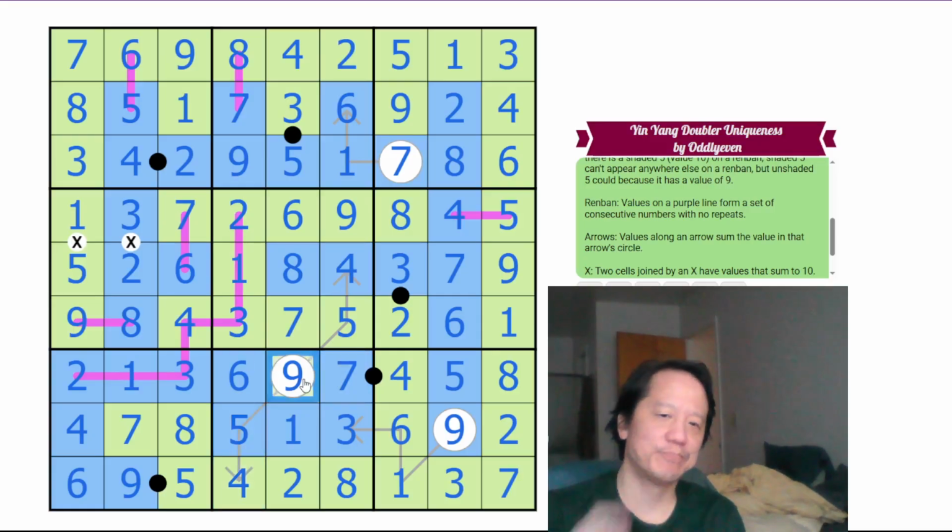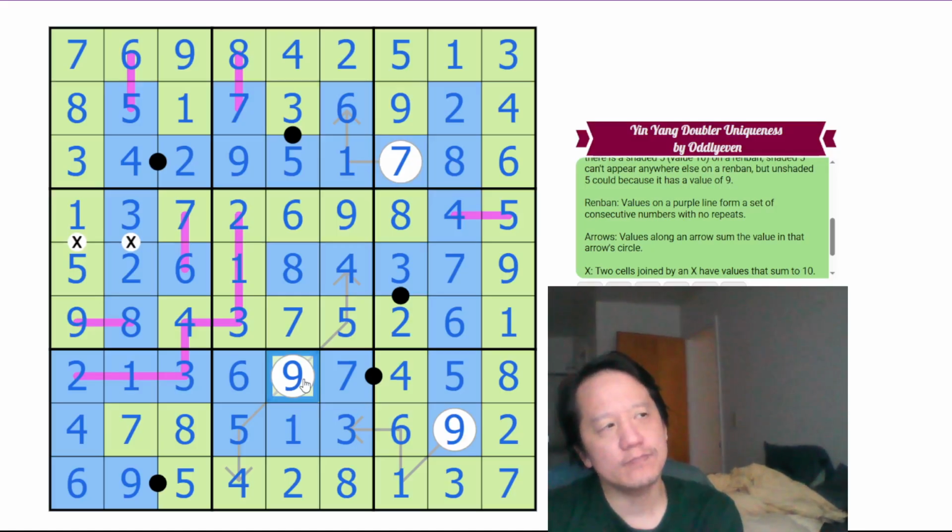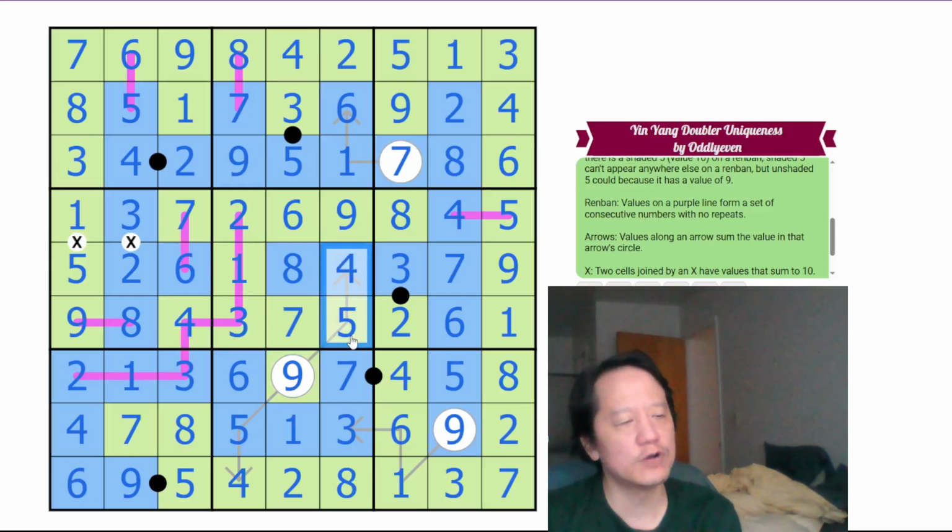Could we have had that situation is also what another thought, right? If this were 9 shaded, this would have to be 4 and 5 shaded. Yeah, that would have been an interesting question to ask there.